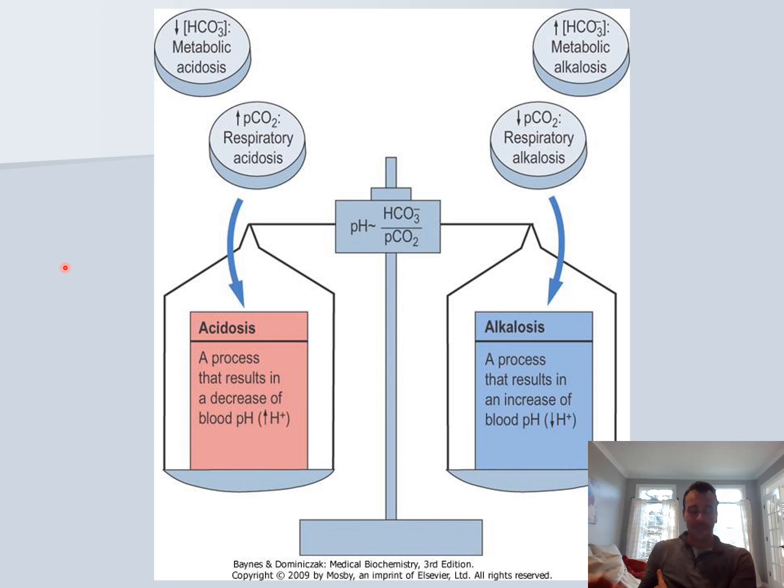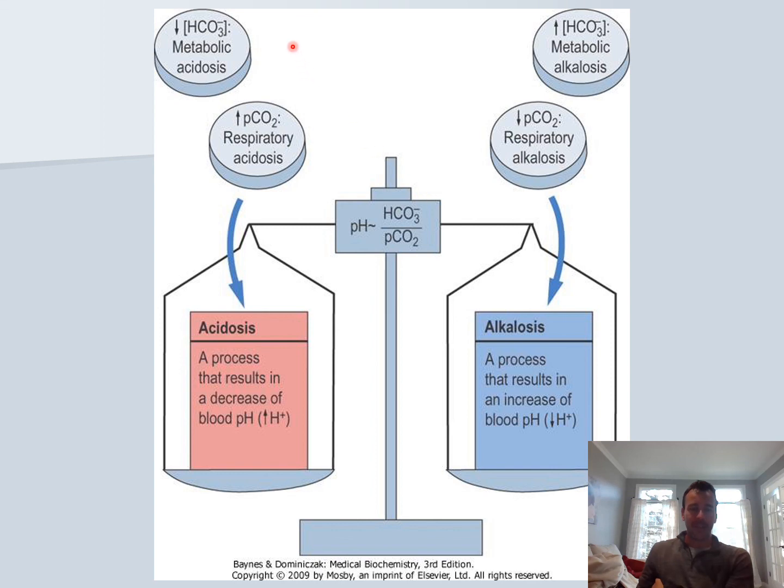So that was a lot of words, but it basically boils down to this simple diagram here. If we think about the blood pH as a concentration of the bicarbonate anion to the partial pressure, the concentration of CO2, with acidosis conditions on the left and alkalosis conditions on the right, you can essentially see that it boils down to this simple equation.